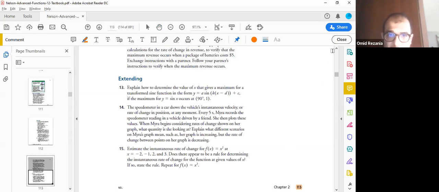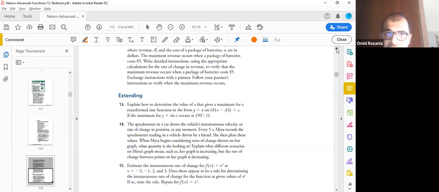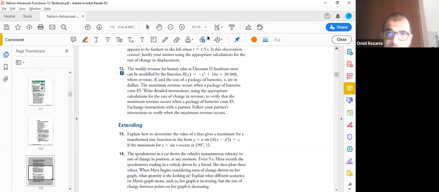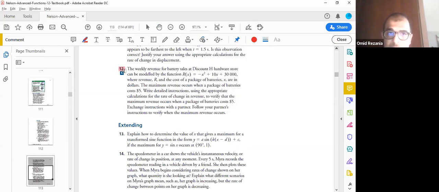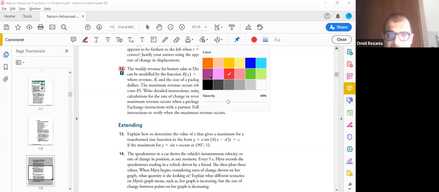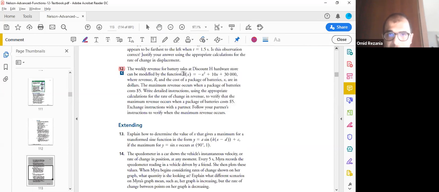Please go to exercise number 12. You will see that we have done a basic mathematical modeling, which is going to be this.